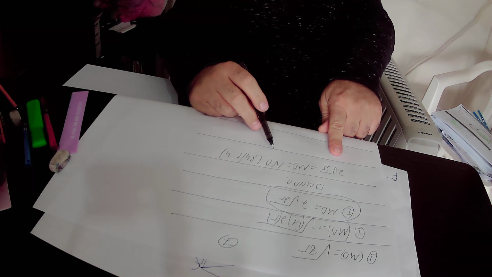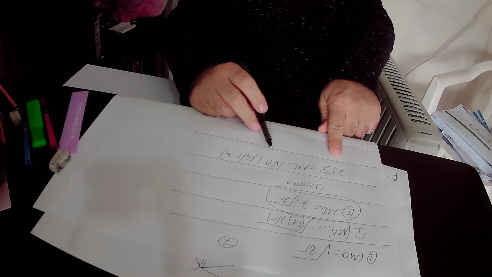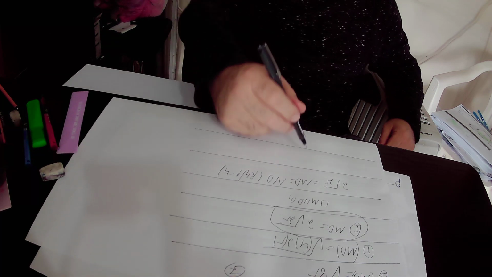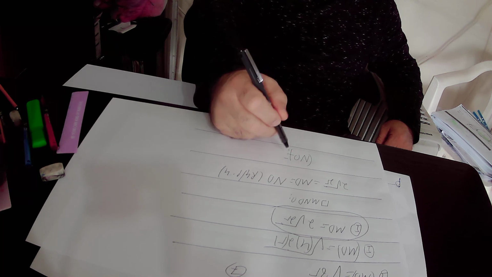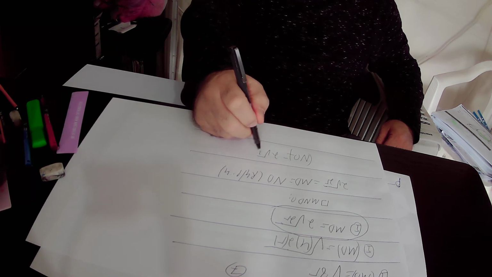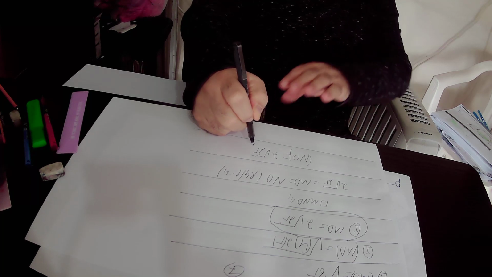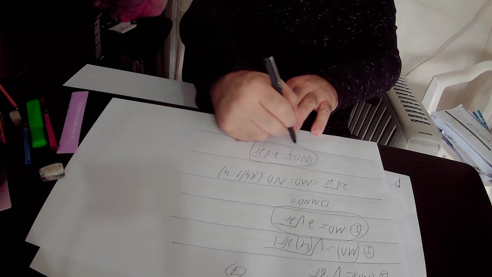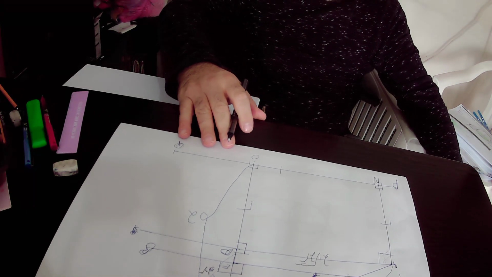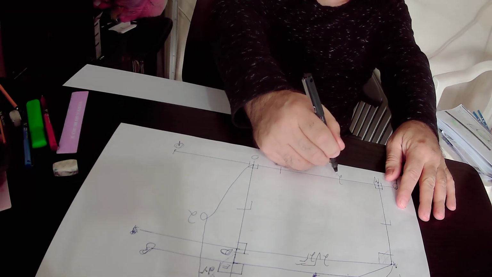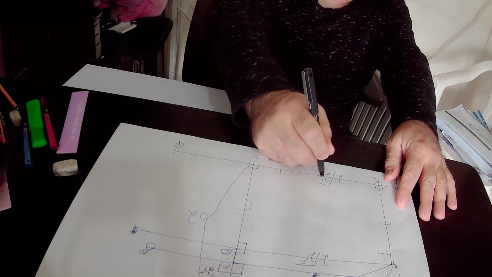So from this equality, we will conclude that NO also equals 2 times the square root of 2R.